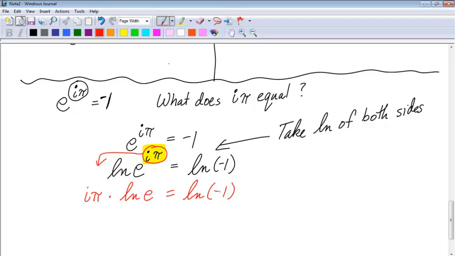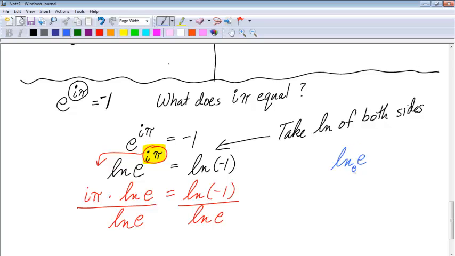Now we're trying to solve for i pi, so divide by the natural log of e. Now, out at the side here, natural log of e: what's the base understood to be on a natural log? e.